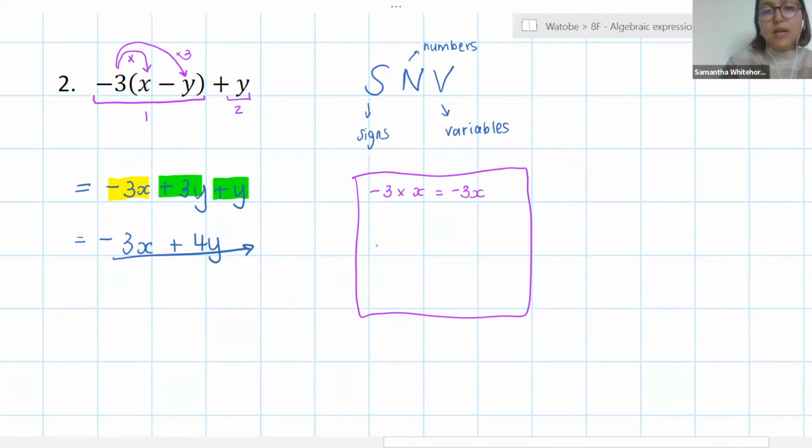But then I also have to go and multiply the -3 with the -y. And when I do that, we know a negative times a negative is a positive. 3 times the coefficient of y, which is 1, so 3 times 1 is 3. And then we have the y. So that's where I got that +3y from, and the -3x came from the first multiplication into the bracket.